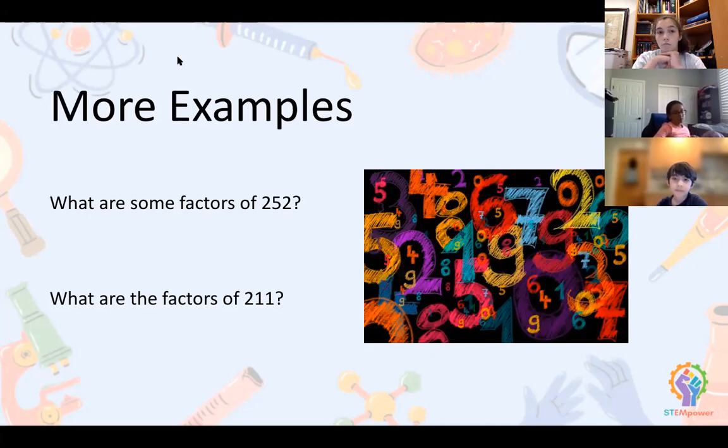What else? Is 252 divisible by 6? No, because it's not even. Yeah, it is divisible by 6. Right, because if you add 2 plus 5 plus 2, you get 9. Exactly. And that's divisible by 3. And it's also divisible by 2 because it's even, right?